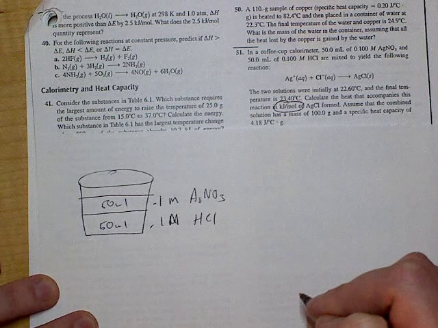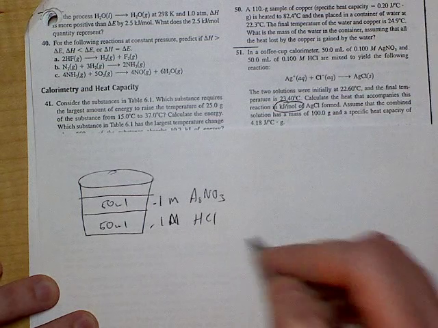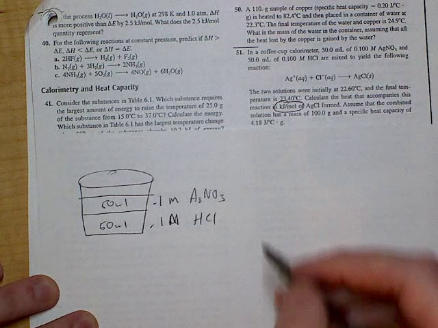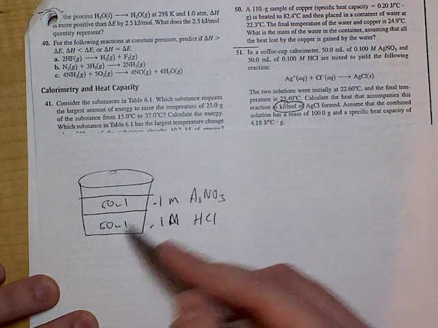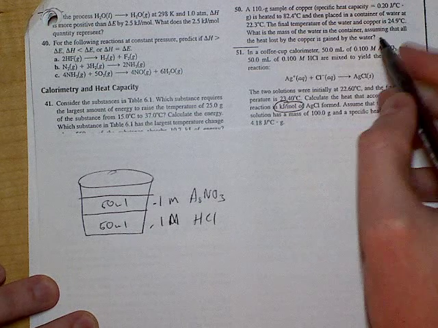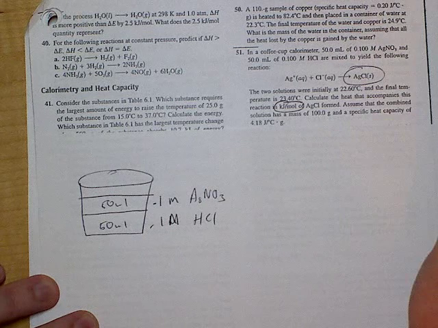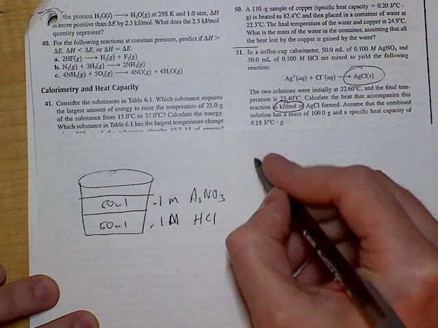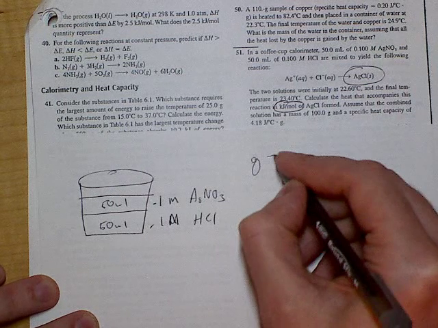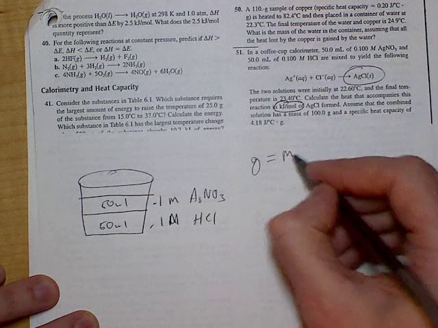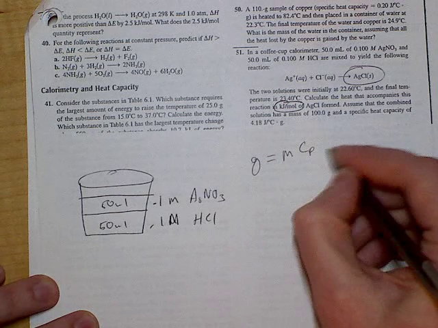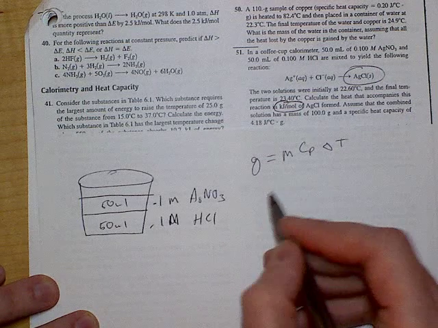What we first want to do is this. This is going to be kind of two steps. We're going to use the coffee cup to absorb the energy released when we are producing this product. So we're going to determine the Q that is released during this. So there's our mass, specific heat, delta T. So let's go to work on doing that.